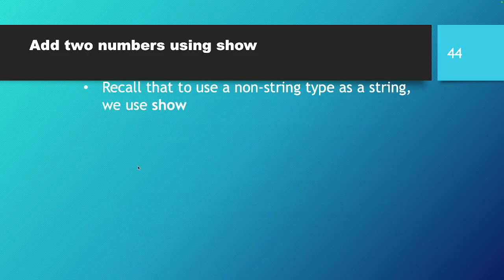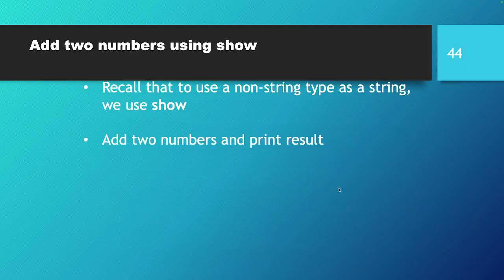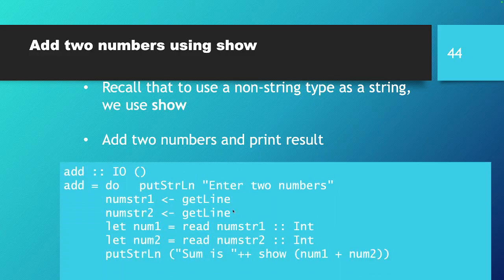And adding. Now show is the opposite. Again, we'll be doing a little bit more on this, but it's important you know this. If you want to add two numbers and print a result, we need to read it in as a string, make it into a number, and if we're sending it back out, we want to convert it back as well.